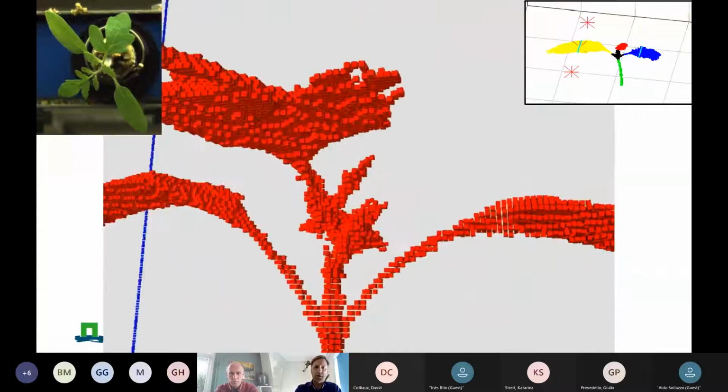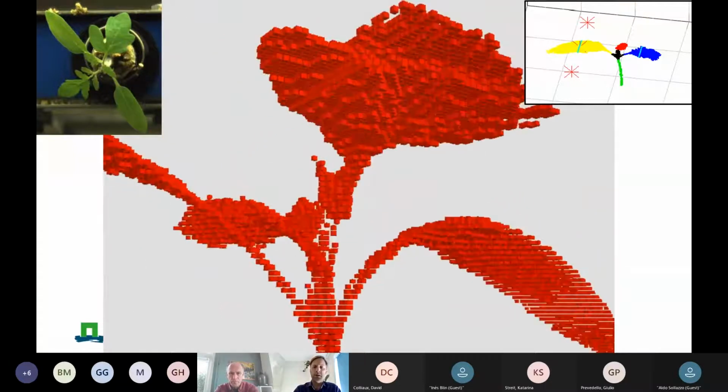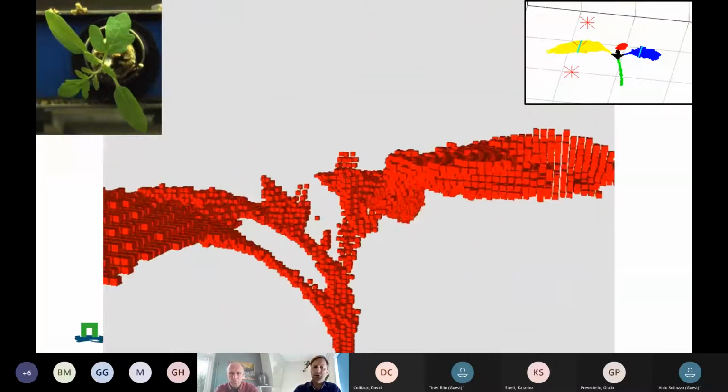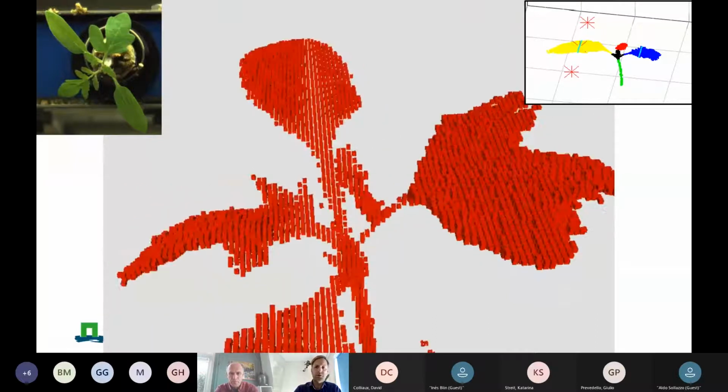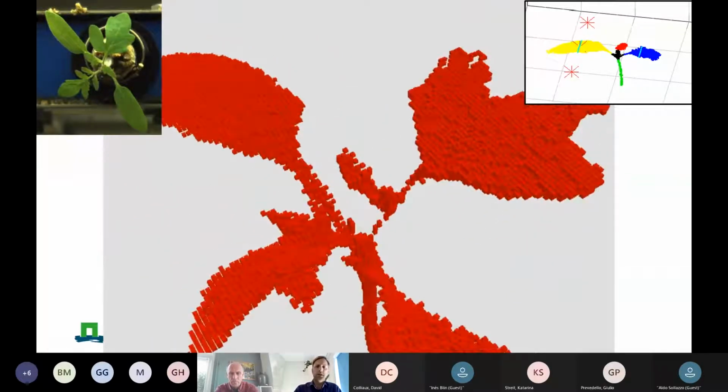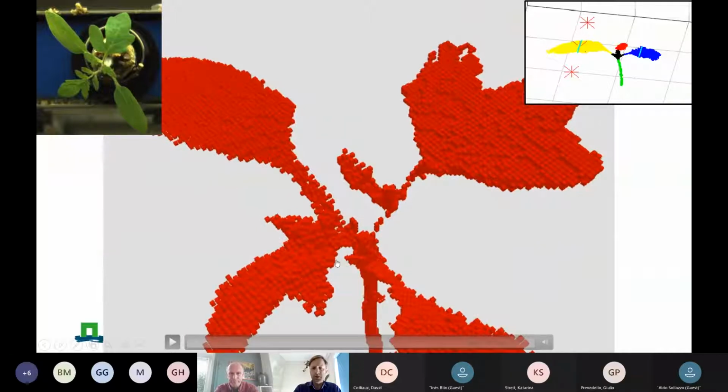This is the raw data that is coming from this volumetric intersection approach. So we don't have any information yet. And then the challenge is to figure out what each voxel represents. So is this particular tiny cube part of a leaf or part of a stem, the main stem?